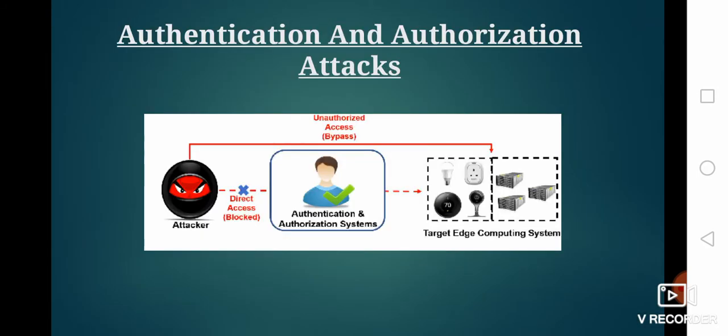According to the diagram, as the attacker cannot access the authentication and authorization systems, the attacker attacks the edge computing devices and through that accesses the authorization systems. So the main thing here is that the hardware must not be attacked. If the hardware is attacked, then it becomes easy for the attacker to access the authentication and authorization systems.